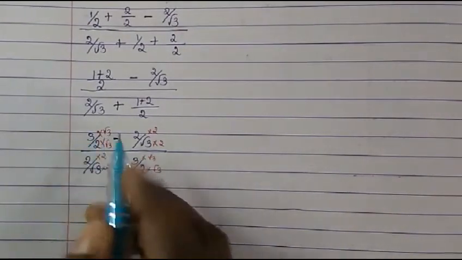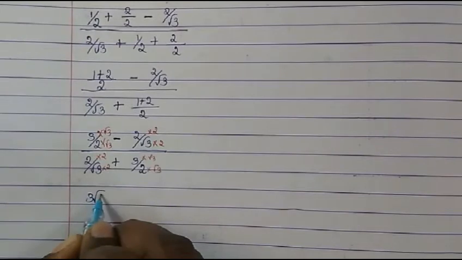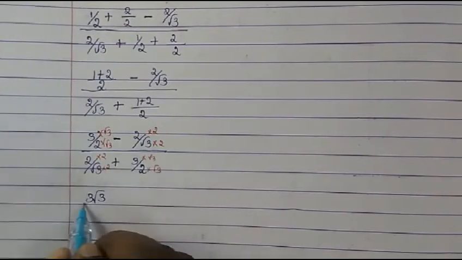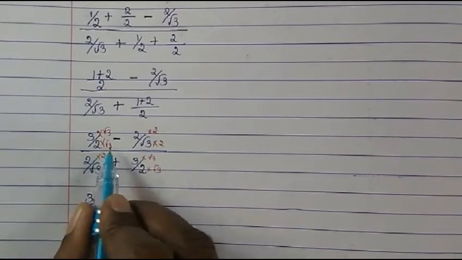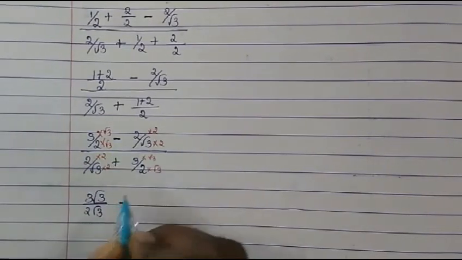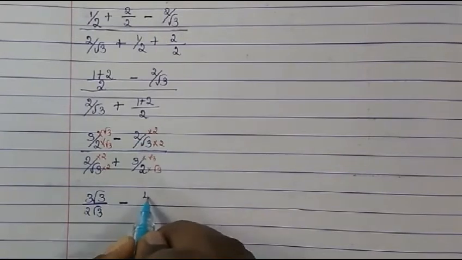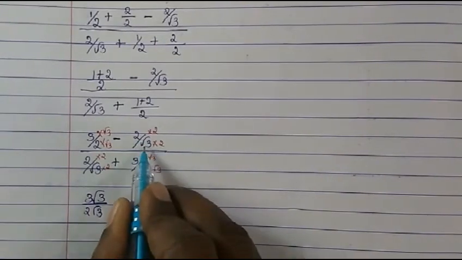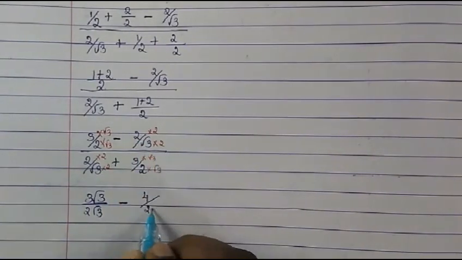Okay, so 3 into root 3 will give us 3 root 3 upon 2 into root 3 will be 2 root 3. This is minus 2 into 2, 4. This is root 3 into 2, so 2 root 3.